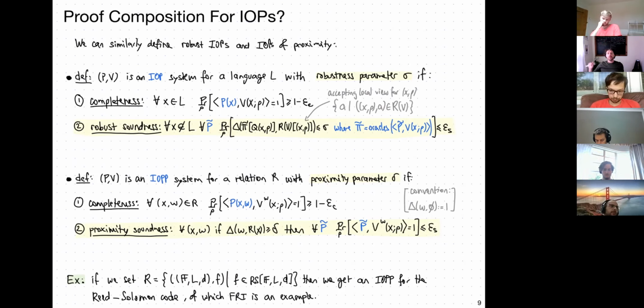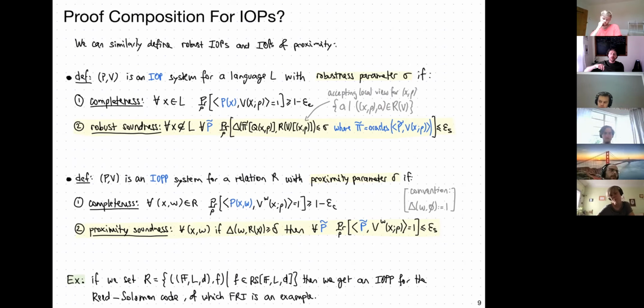And we're also making a small number of queries to each one of the proof oracles that the prover is sending us. And at the end, we're either saying, is this a perfect polynomial of low degree, or is this far from a polynomial of low degree? So this is an example that we've already seen.